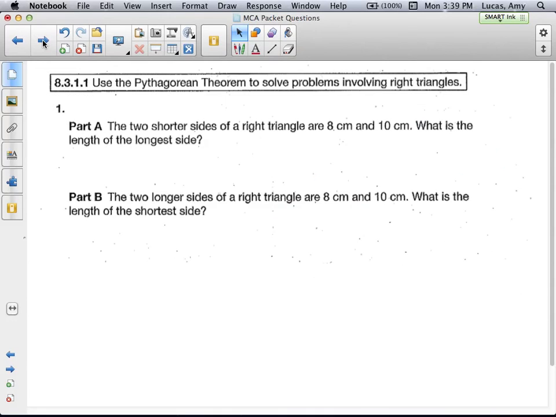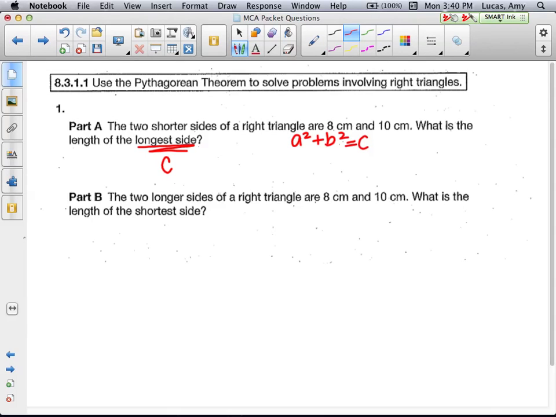8.3.1.1. Use the Pythagorean theorem to solve problems involving right triangles. The two shorter sides of a right triangle are 8 centimeters and 10 centimeters. What is the length of the longest side? Well, the longest side is the hypotenuse, c. So, a squared plus b squared equals c squared. And we know the two shorter sides. They're 8 and 10.